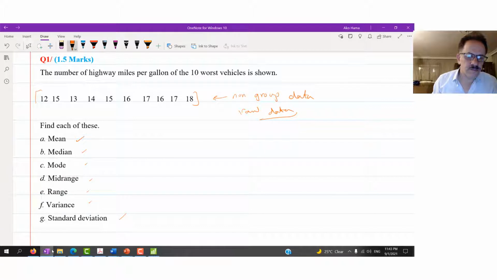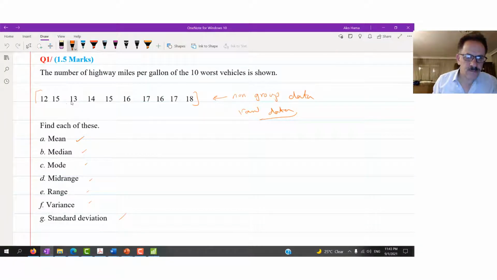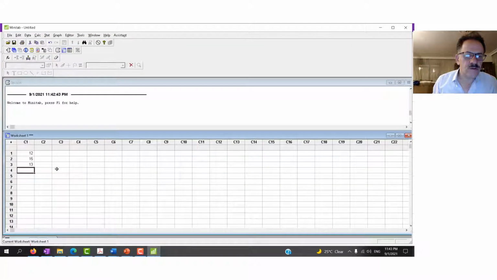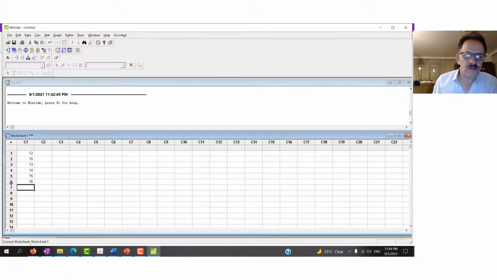Then we have 12, 15, 13, 14, 15, 12, 15, 13, again 12, 15, 13, 14, 15, 16, 14, 15, 16, 14, 15, 16, and 14, 15, 16, 17, 16, 17, 18, 17, 16, 17, 18.